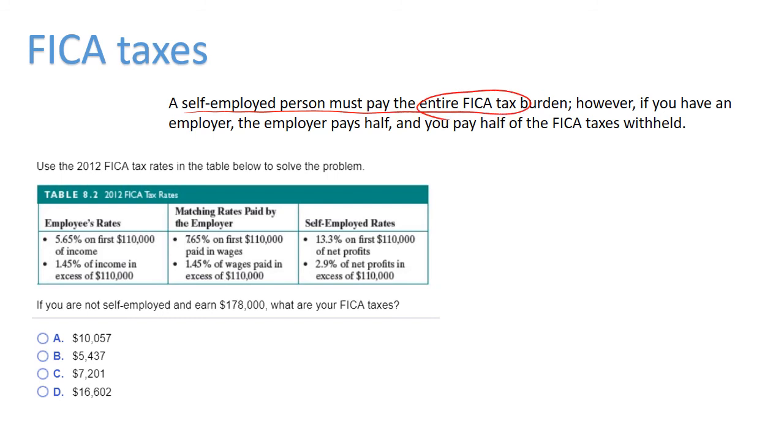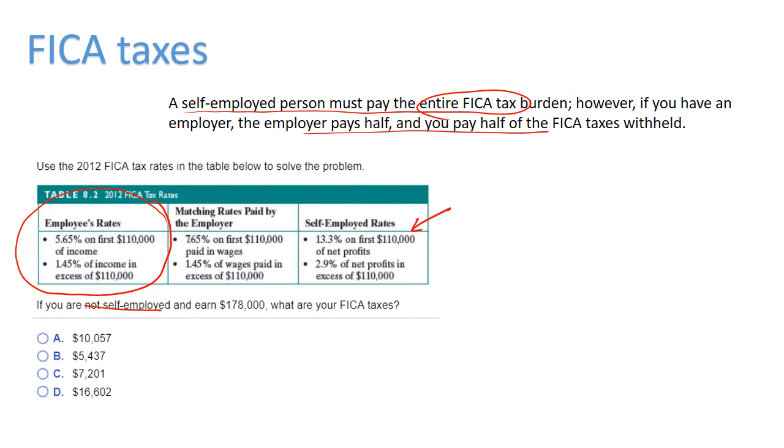But if you have an employer, the employer pays part and you pay part of that. So in this example, you are not self-employed. So if you're not self-employed, you will use this portion of the chart, the employee's rate. Notice over here that the self-employed has to pay a higher percentage.